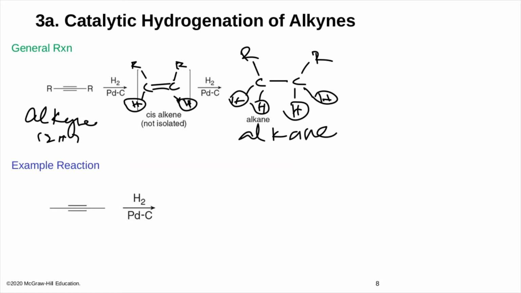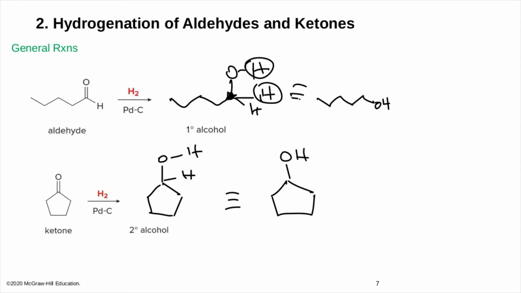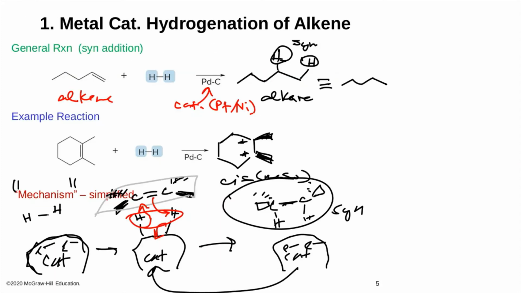Now, why can't we stop at the alkene? Oops, I'm going to go back a few slides, okay? If we had an alkyne, so here we've got a triple bond. Let's make that a single bond. I'm not going to try to draw the whole thing again, but imagine this is an alkyne. I'll use a different color.